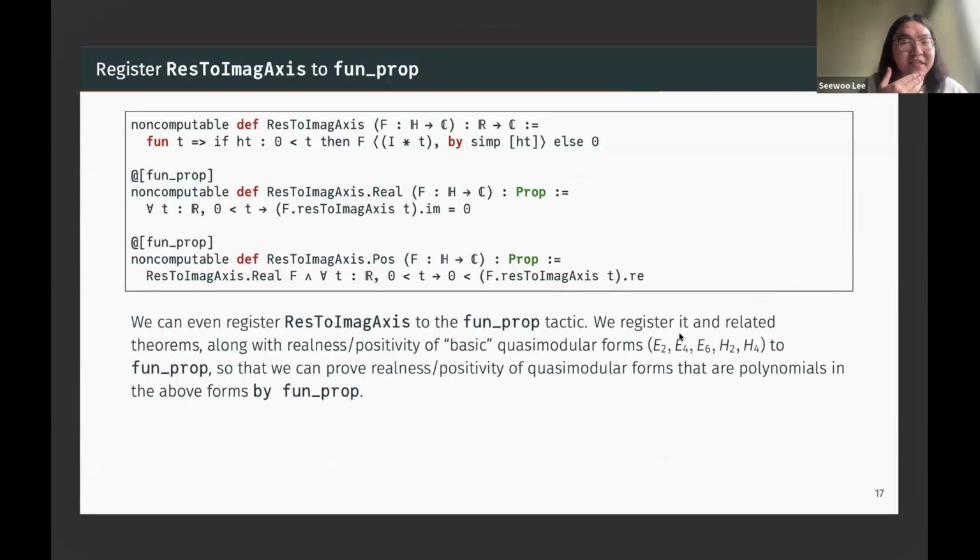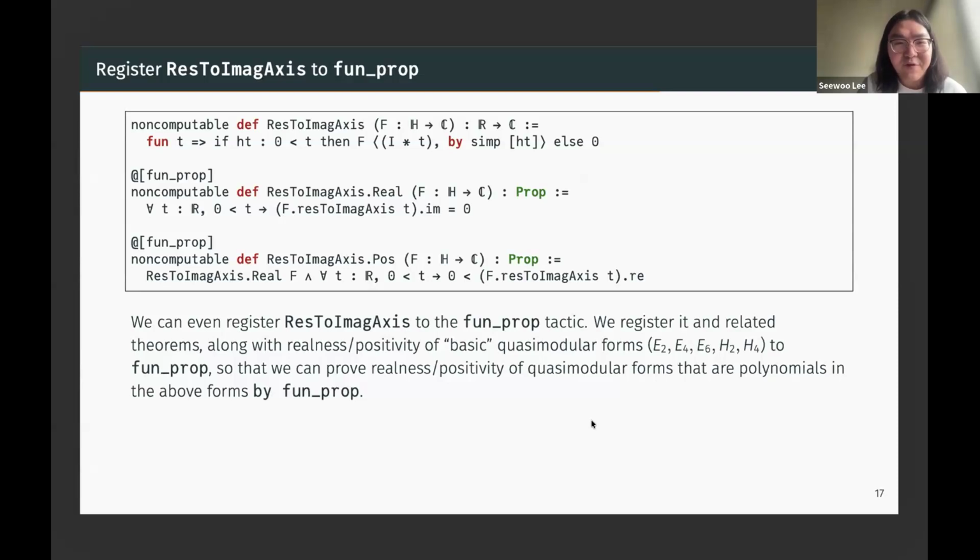And something interesting is that you can even register those to the fun_prop tactic. And that somehow makes things a little bit easier to work on, like proving that some quasi-modular forms that are a combination of E2, E4, E6 are real or positive. You don't need to write a long proof for that. You can just simply use fun_prop if you register those as fun_prop.